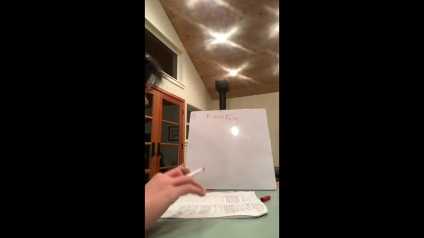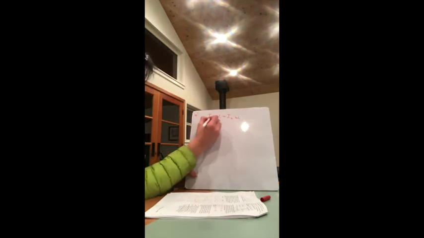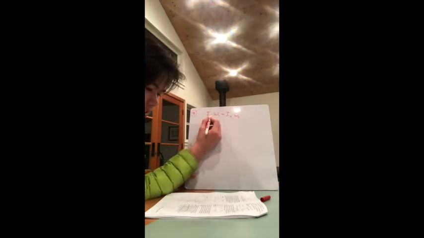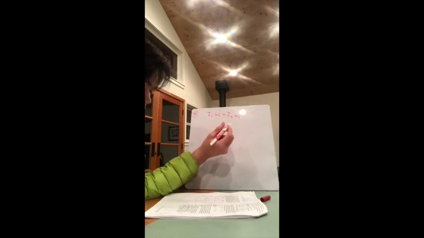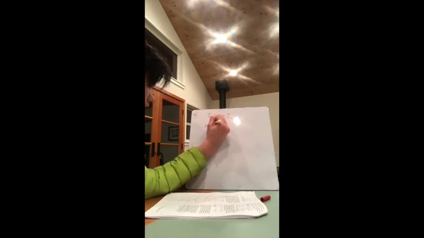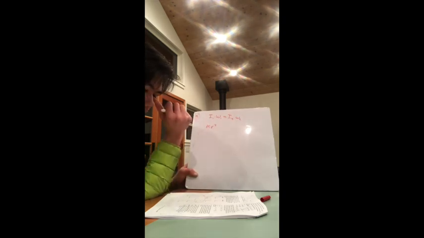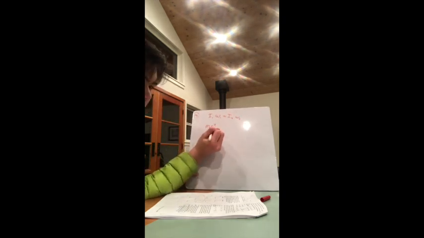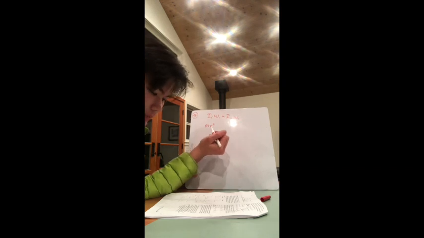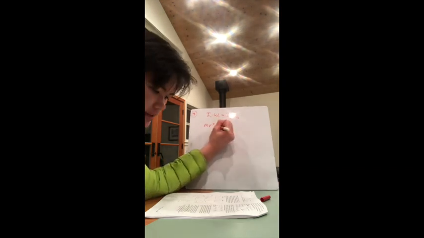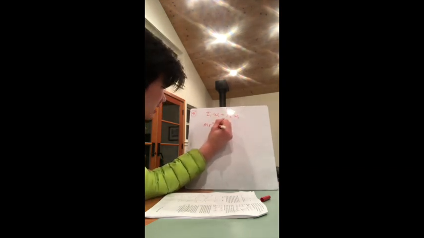So at the beginning, we know that the moment of inertia for just a spherical star is mr squared. Mr squared is the moment of inertia at the beginning. We can say that r is the radius of the star before it collapses, and then it starts spinning at an angular velocity w.